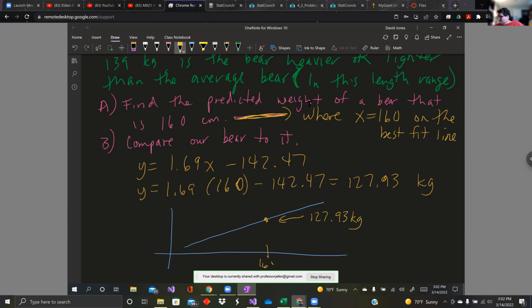Now, visually, I can picture this because the values go up as we go up. Our bear had 139 kilograms, which is a little bit above it, which means he's heavier.